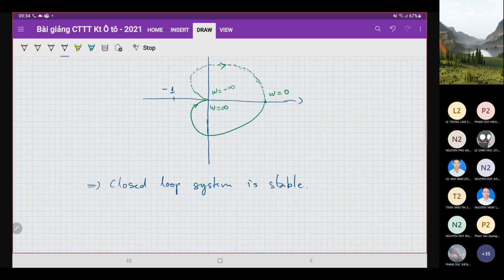Okay, now I will reopen my MATLAB program to show you how to draw the Nyquist diagram for this system.